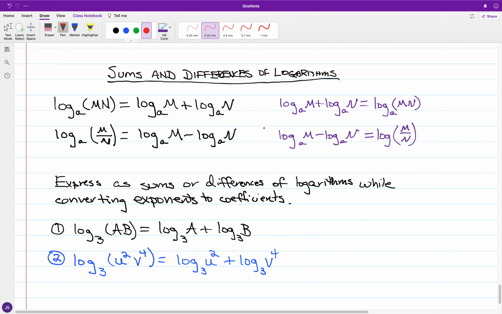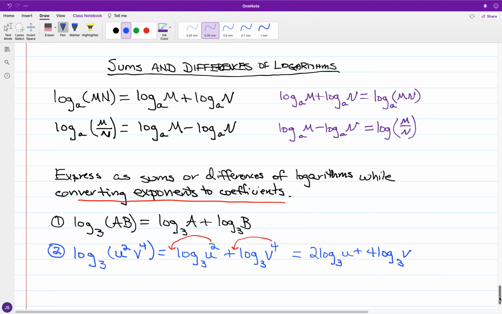Just stressing, we're converting exponents to coefficients. You've got your exponents, 2 for u and 4 for v. So in the rewrite, we're going to have 2 times the base 3 logarithm of u plus 4 times the base 3 logarithm of v.